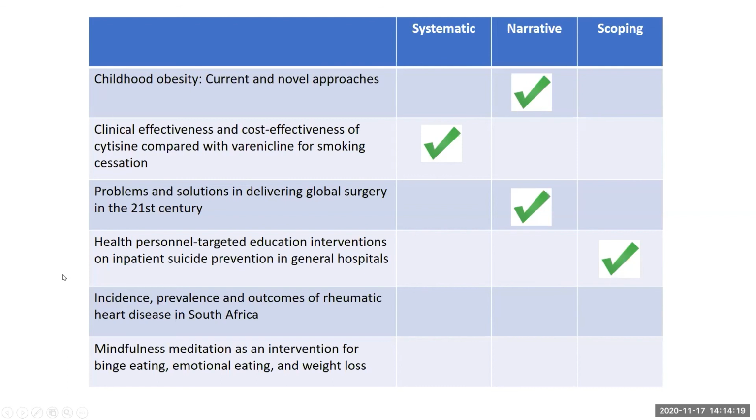It's very broad, right? Narrative. And mindfulness meditation as an intervention for binge eating, emotional eating, and weight loss. So for this one, we do have a few outcomes, but we do have kind of one intervention. And so I could say, okay, I'm looking for, I'll give it away.